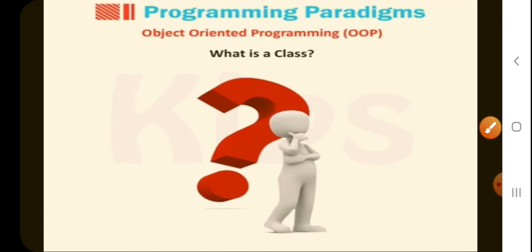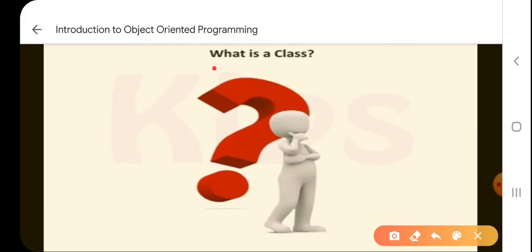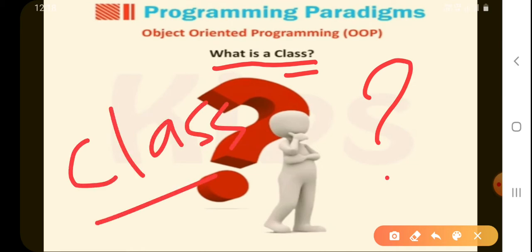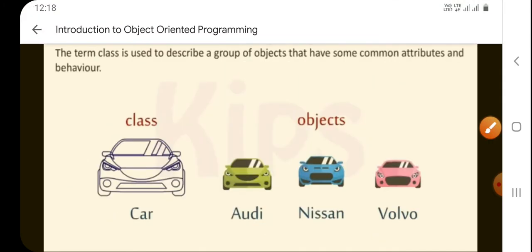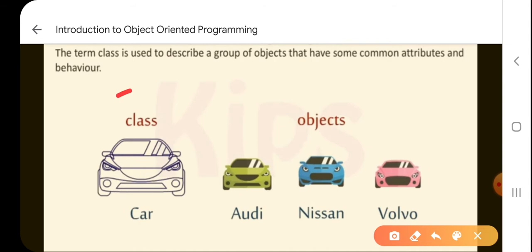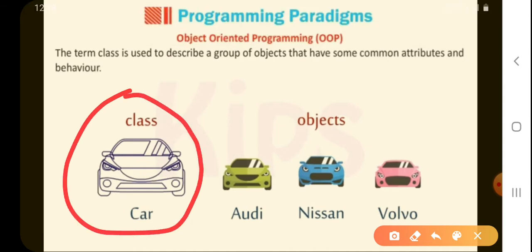Now, let's talk about one more important aspect of object oriented programming, which is called a class. What is a class? The term class is used to describe a group of objects that have some common attributes and behavior. For example, look at this car.